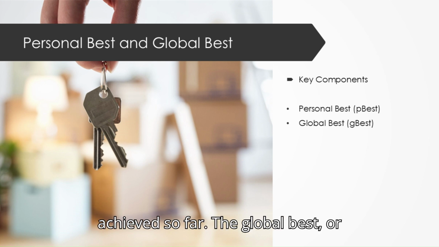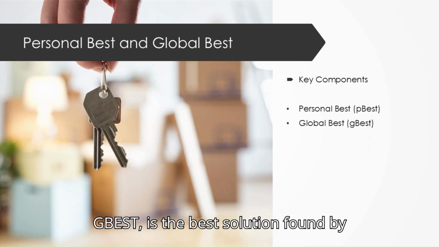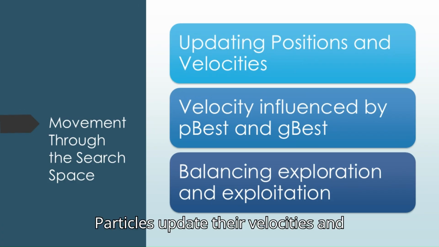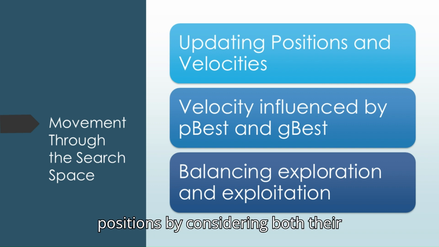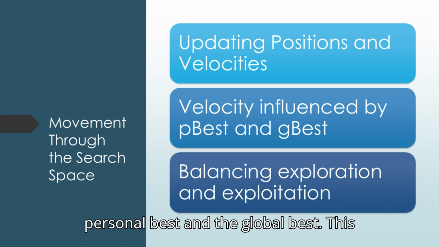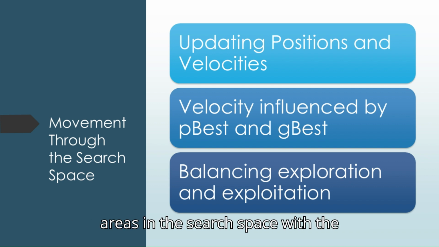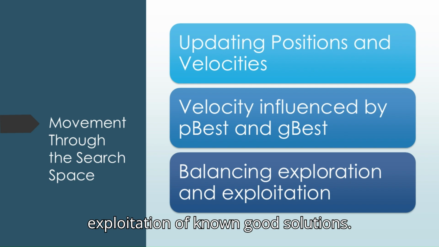The global best, or G-best, is the best solution found by any particle in the entire swarm. Particles update their velocities and positions by considering both their personal best and the global best. This approach balances the exploration of new areas in the search space with the exploitation of known good solutions.